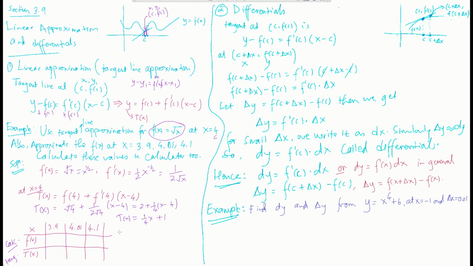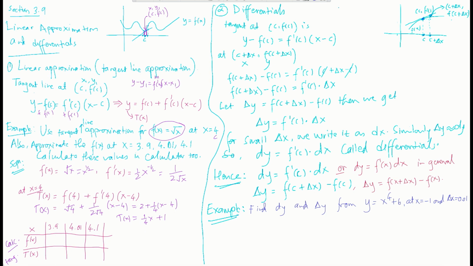Now, let's plug in these values of x, 3.9, 4.01, 4.1, at f(x). F(x) you use the calculator to find. And then at T(x), you need to use this equation to find T(x), okay? You will see that those two values are almost the same. Why?